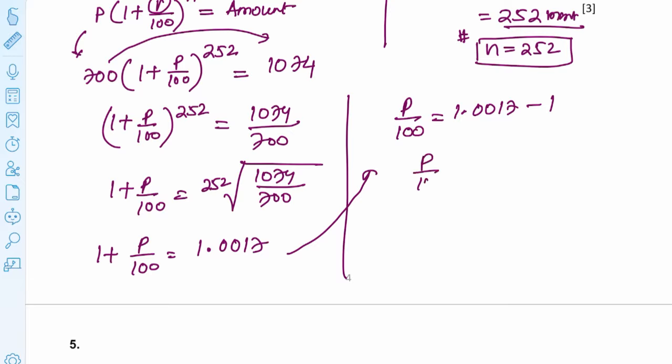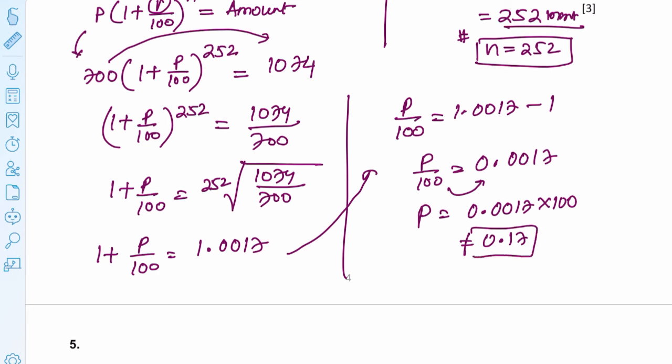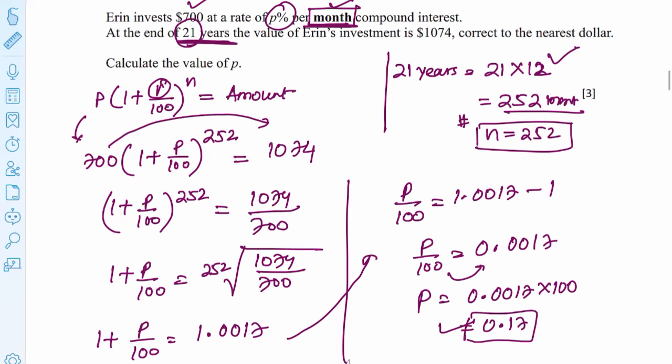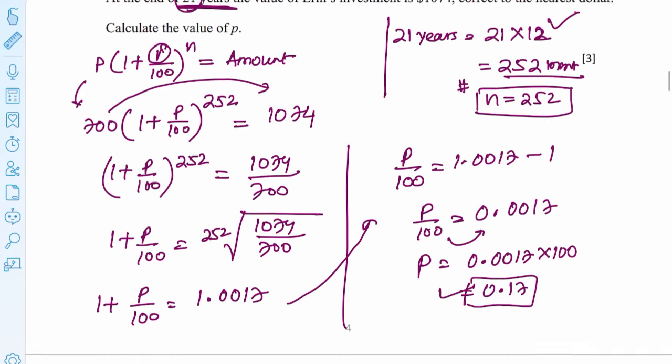So p over 100 equals 0.0017, and finally p equals, if I move this 100 to the other side, 0.0017 times 100, and that equals 0.17. So p means here the rate of interest. We got the answer as 0.17. Again I'm saying, if I'm going very fast, please pause the video, take your time, learn it, try to understand this. Okay, yes.